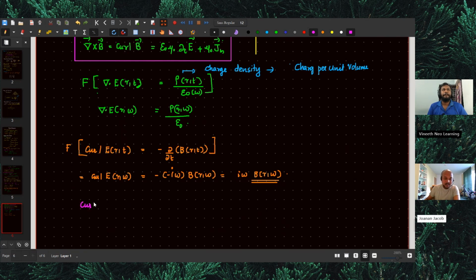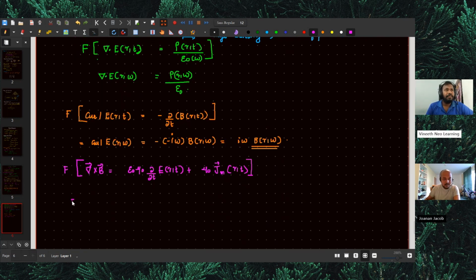Del cross B is equal to epsilon 0 mu 0 dou by dou t of E of R, t plus mu 0 J of R, t. Let's take the Fourier transform here. What will we get?